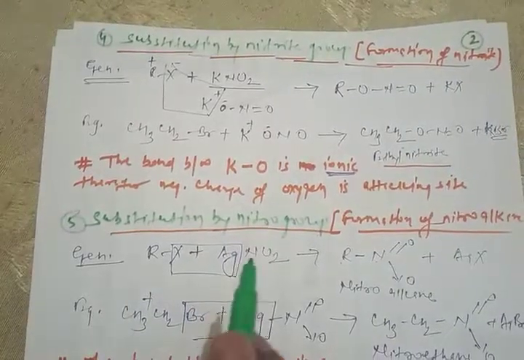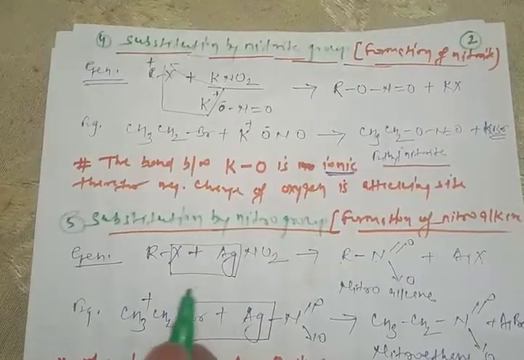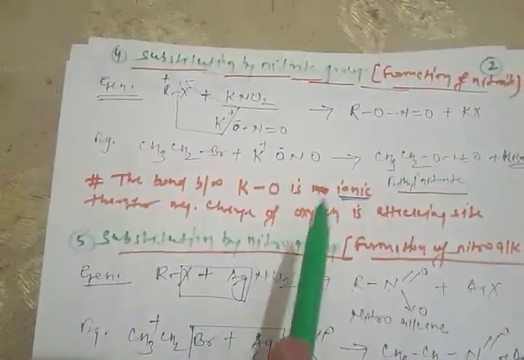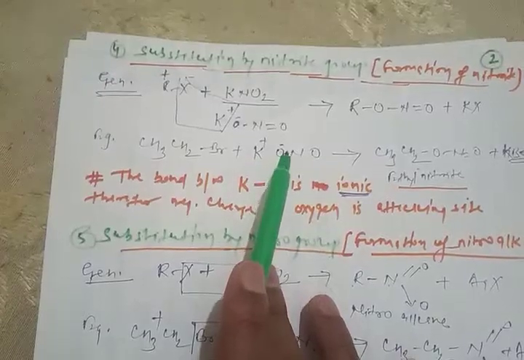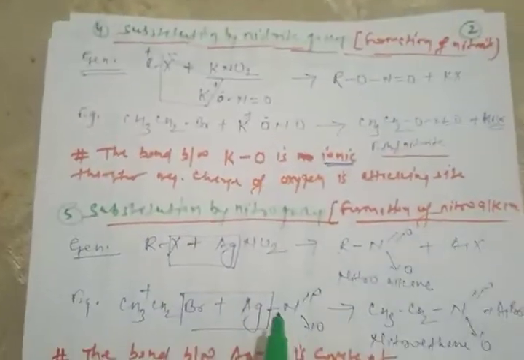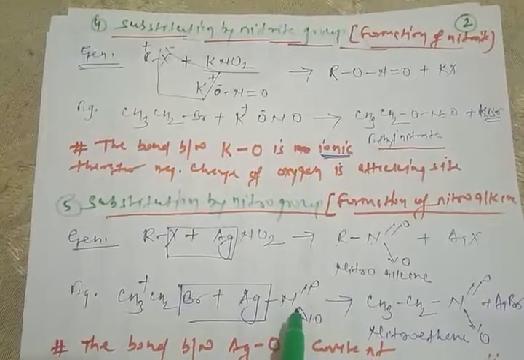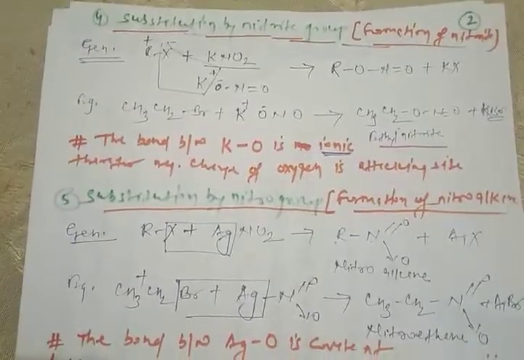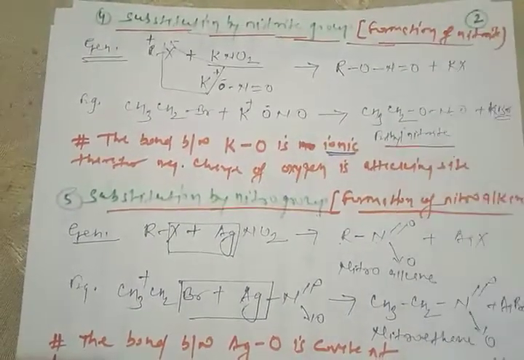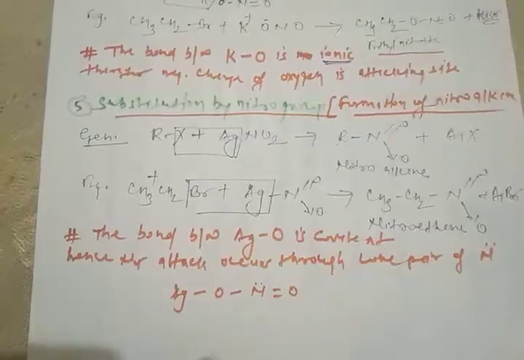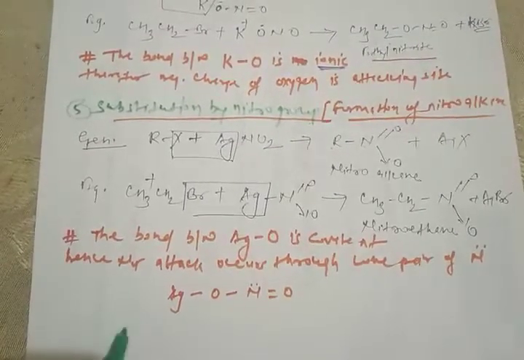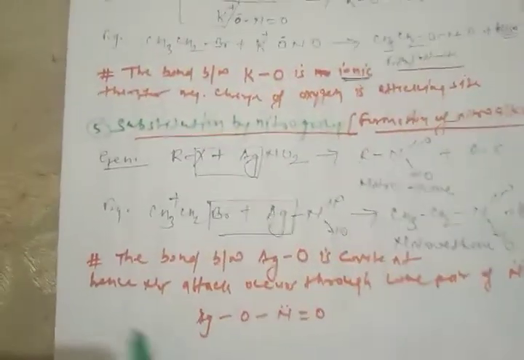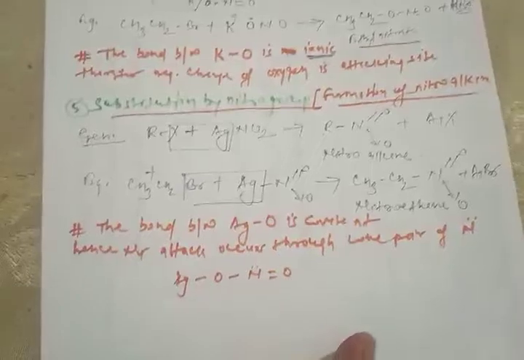You might know that nitrite N and nitrite O mean the attacking site is oxygen here, so this is nitrite O, and the attacking site is nitrogen here, so this is nitrite N. You may learn this in coordination chemistry, but for this discussion it is enough that one is the ionic bond and the other is the covalent bond. Okay, let's go for the next reaction.